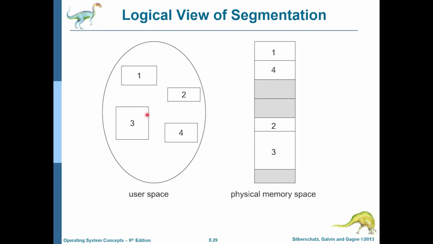Whereas over here, you could assume that these are in some kind of a sequence and the logical addresses are in increasing order or whatever you want. But over here, there is no guarantee that the segments are in order. As you can see, the first segment went here, the fourth segment comes right after that. So segmentation can make this kind of an arrangement possible, as we will see further.